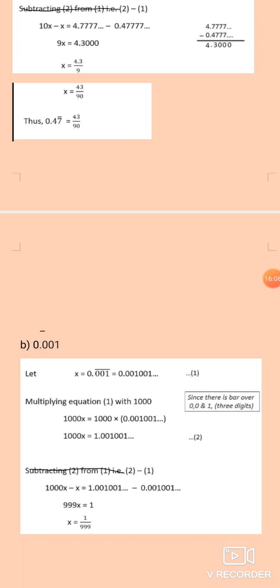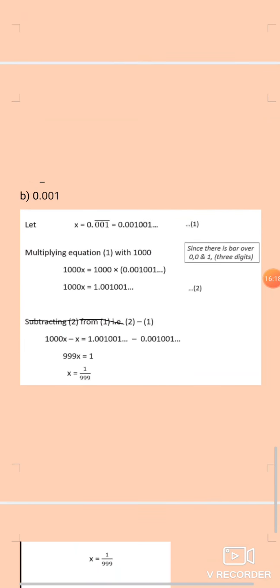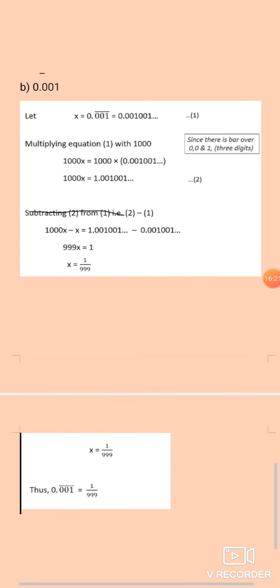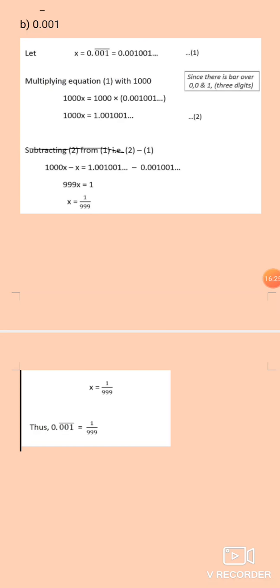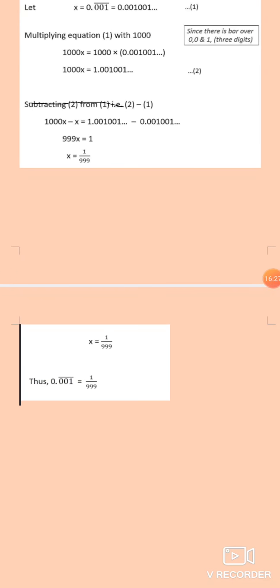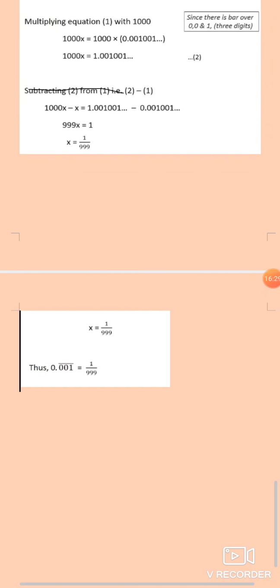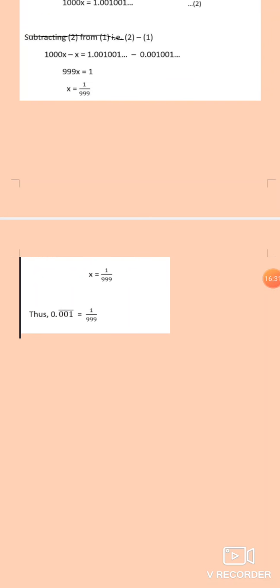Now 1000x minus 1x is equal to 1.001 etc. minus 0.001 etc. That is 999x is equal to 1. So x is equal to 1 by 999. Thus, in decimal form, 0.001 bar is equal to 1 by 999. Clear, students? Okay, thank you.